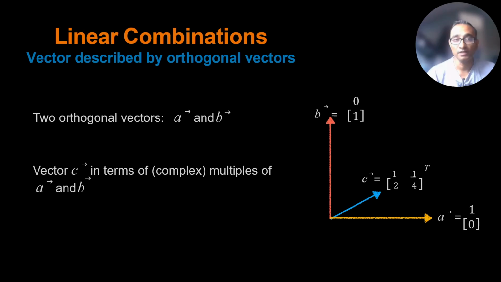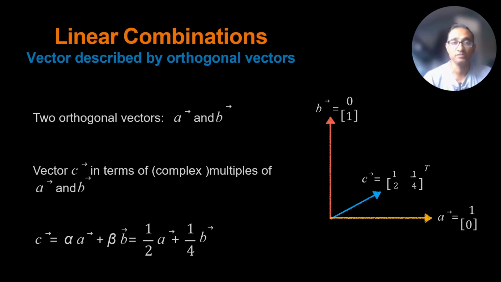How do we calculate vectors which are described by orthogonal vectors? Take two orthogonal vectors, for example A and B. You can calculate a third vector C, in the complex space, which can be a multiple of A and B, as can be seen in the example here.